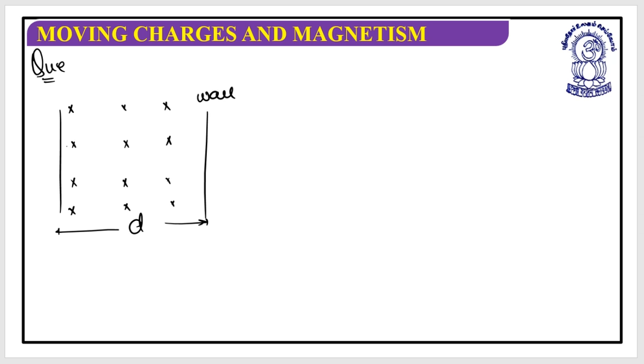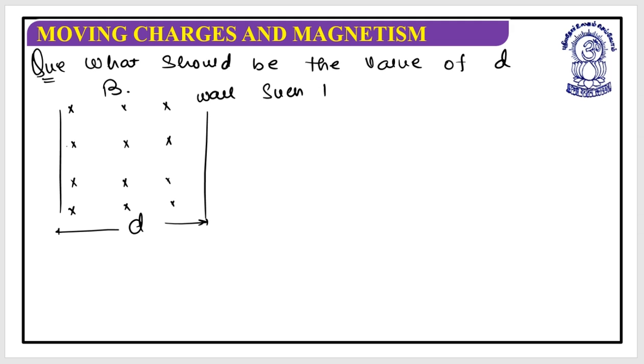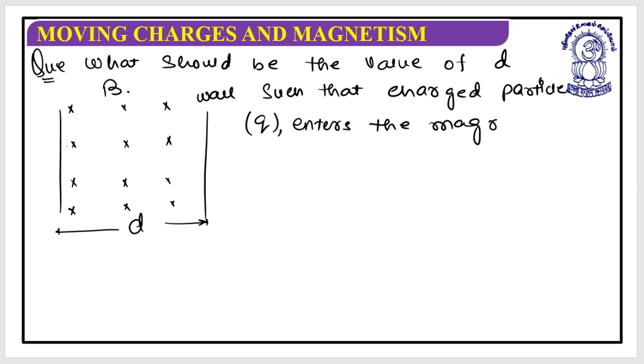The question is: what should be the value of d such that a charged particle Q which enters the magnetic field B never hits the wall?